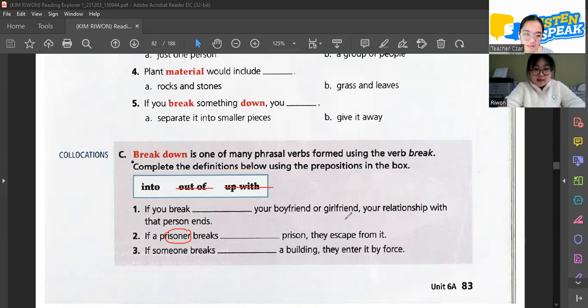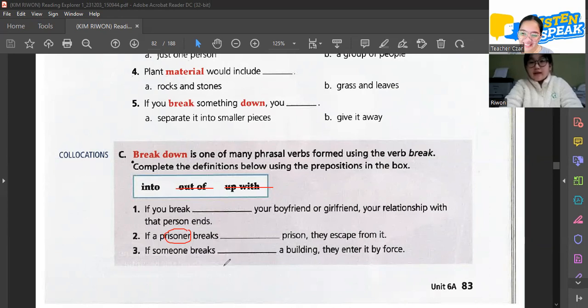If someone breaks into a building, they enter it by force. Okay, what do you mean by the word breaks into? It's like a burglar.